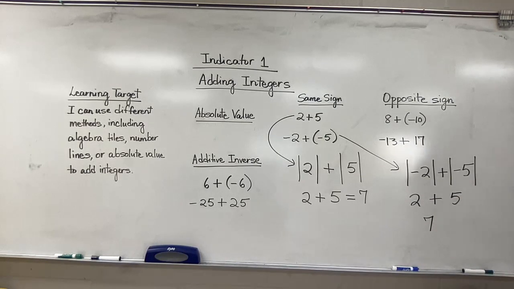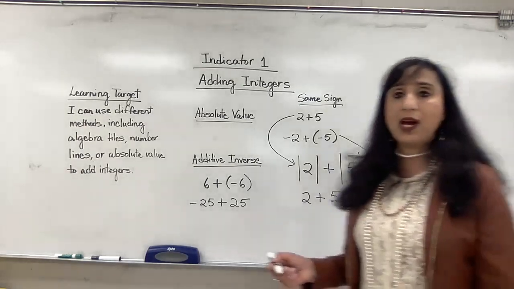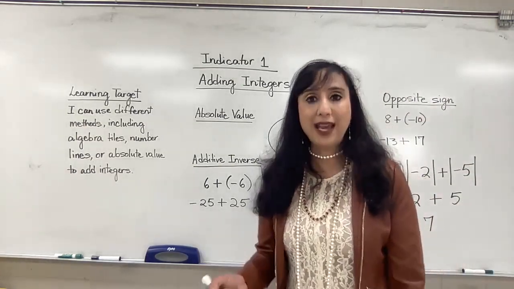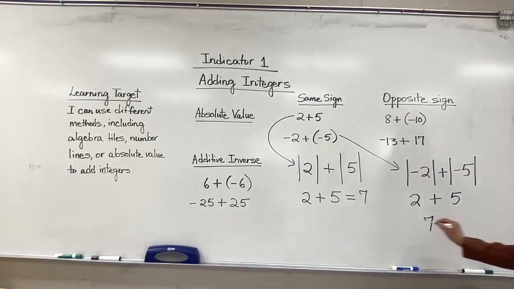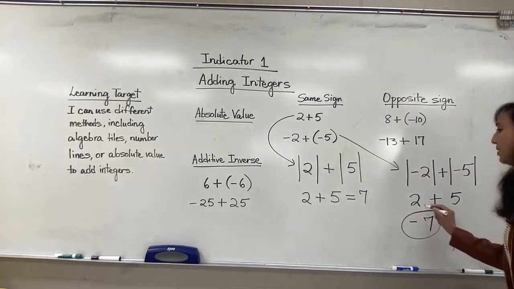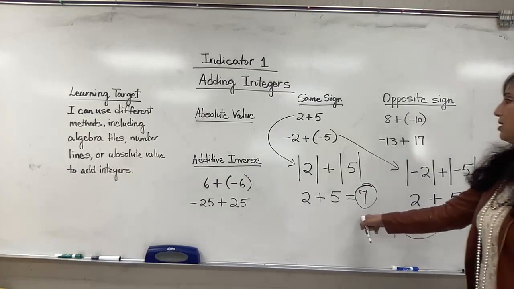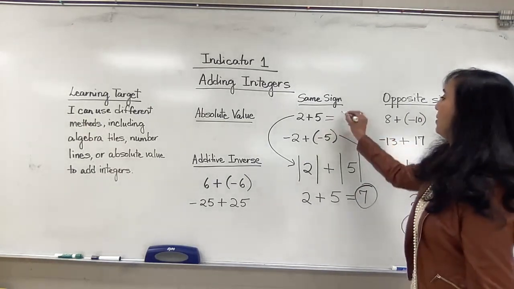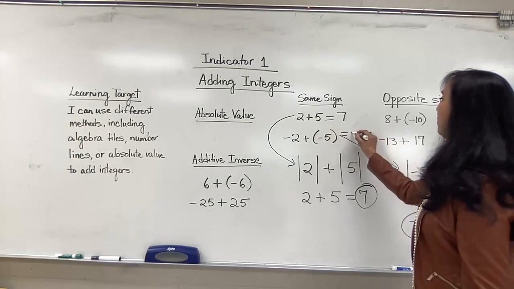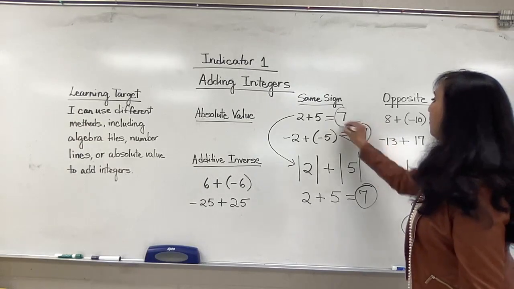Then remember what I said, use the common sign. In this one, the common sign is negative, so this becomes negative 7. So this is positive 7, and this is going to be negative 7.